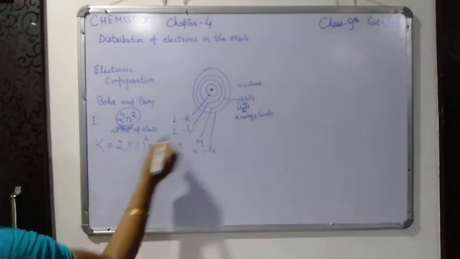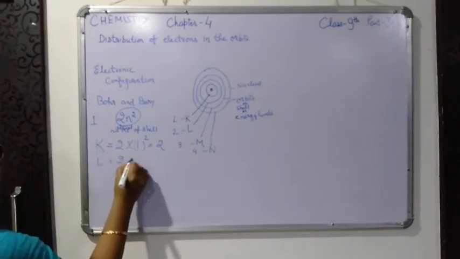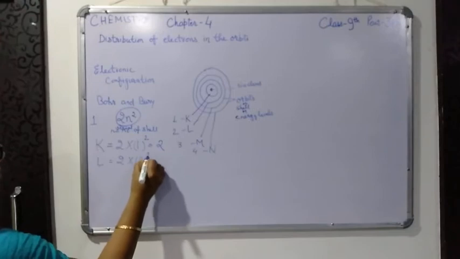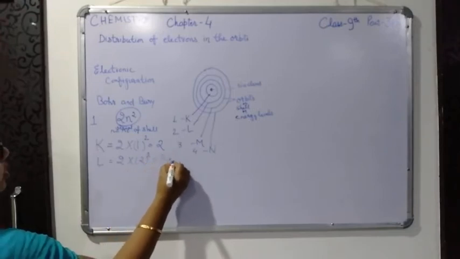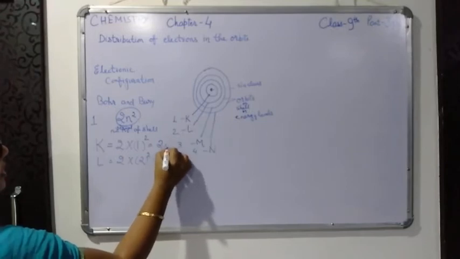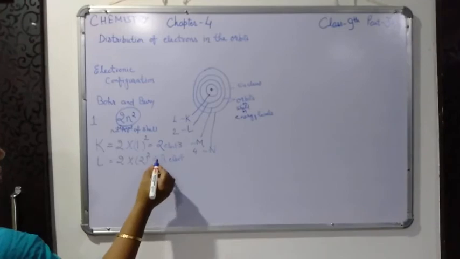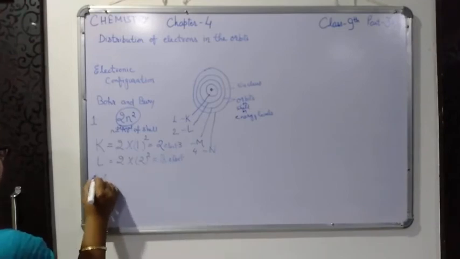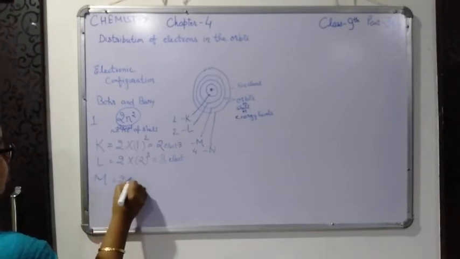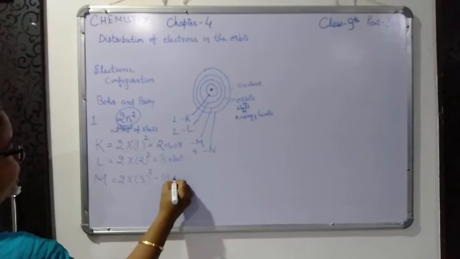For L, L is the second shell. So 2 into 2 square, that will be 8 electrons. In the first shell, 2 electrons. In the second shell, maximum capacity is 8 electrons. Now in the third one, 2 into 3 square, that will be 18 electrons.